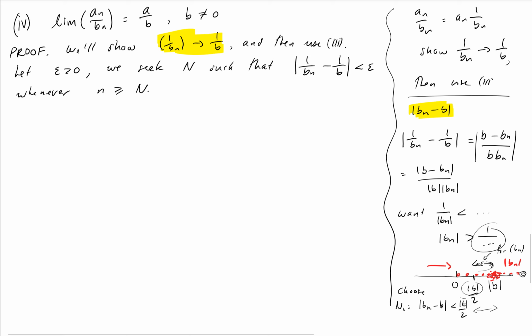Okay, so that's my epsilon distance, that's my sequence term, and that's going to imply, in particular, that the absolute value of bn is greater than the absolute value of b over 2, which in turn implies that 1 over the absolute value of bn is less than or equal to 2 over the absolute value of b.